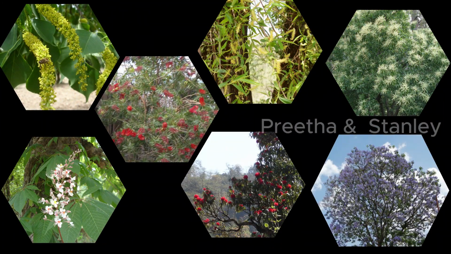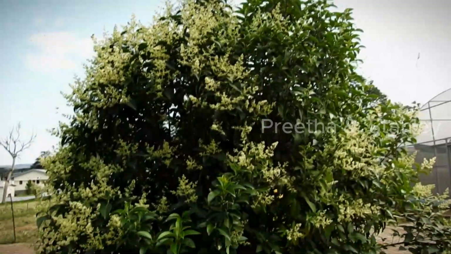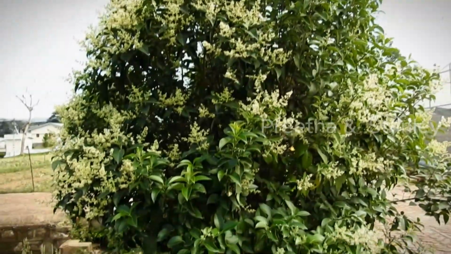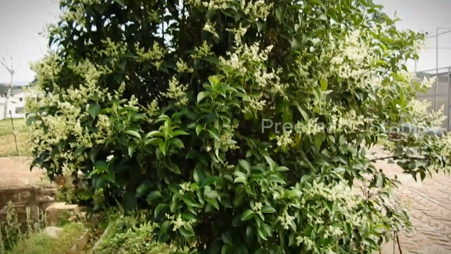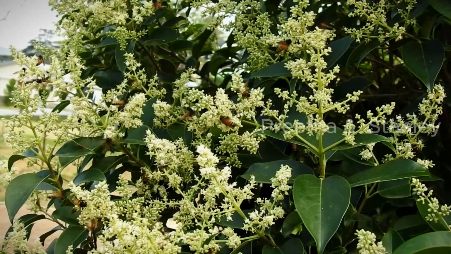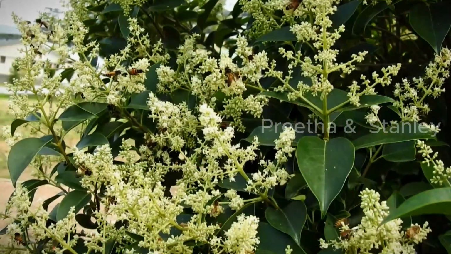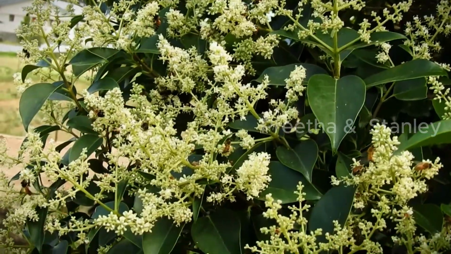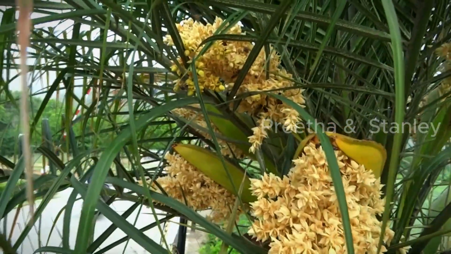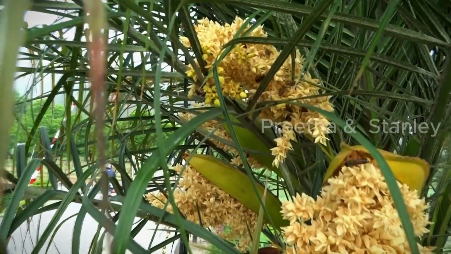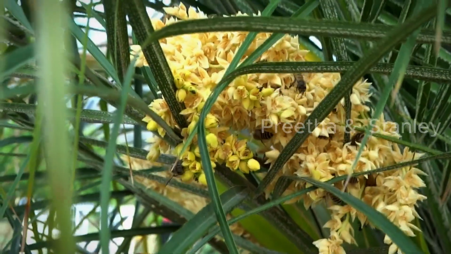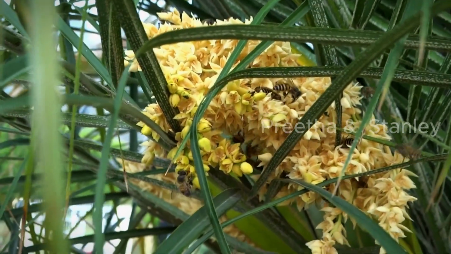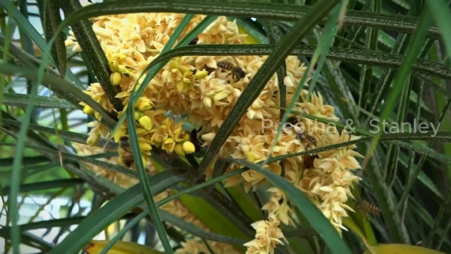Ligustrum is one such tree which produces numerous tiny flowers but full of nectar and attracts pollinators, especially during the lean season of May-June. Growing this plant will conserve the pollinators. Some ornamental palms also produce flowers during this lean season and provide both nectar and pollen and attract bees in large numbers.